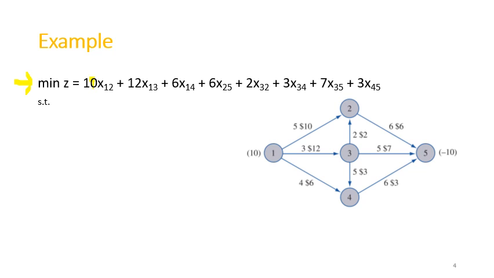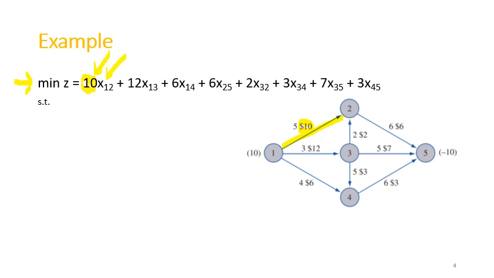For example, this number 10 here corresponds to the cost of transporting 1 unit of flow from 1 to 2. So 10 is the cost of transporting 1 unit of flow, and x12 is how many units of flow you send from 1 to 2.